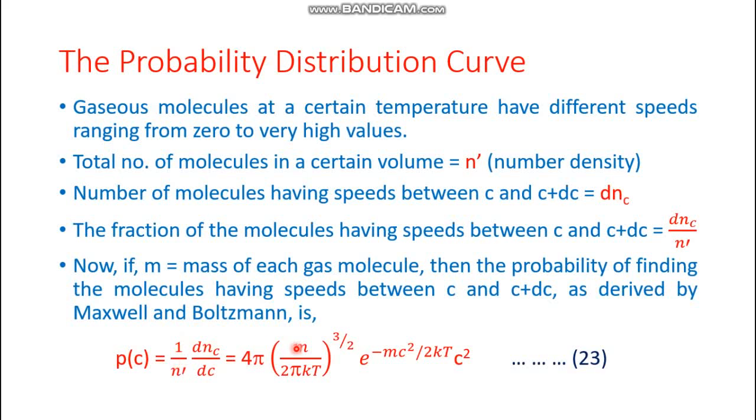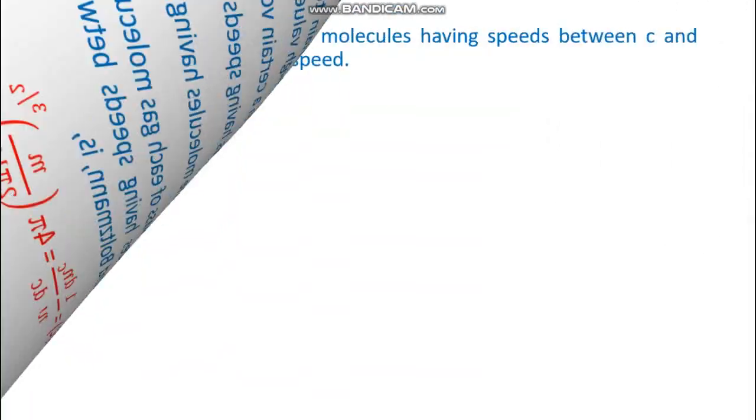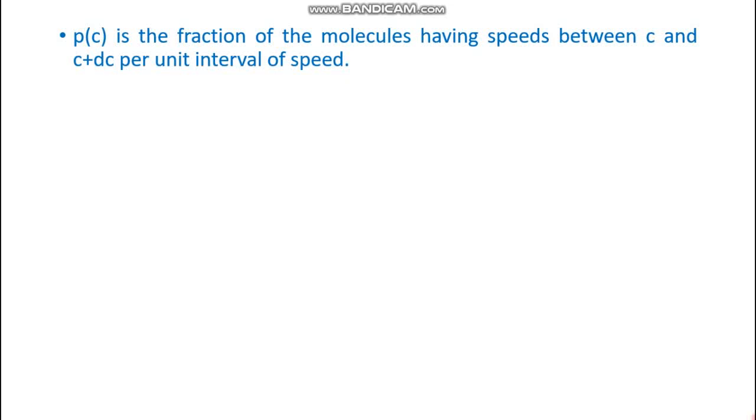And the expression as derived by Maxwell and Boltzmann is 4 pi within bracket m by twice pi kT, whole to the power 3 by 2, then exponential minus mc square by twice kT, times c square, and this is denoted as equation number 23 as continuation from the previous lectures. Here Pc is the fraction of the molecules having speeds between c and c plus dc per unit interval of speed.